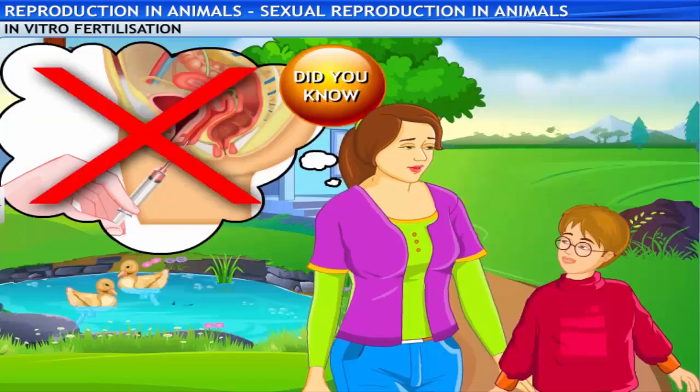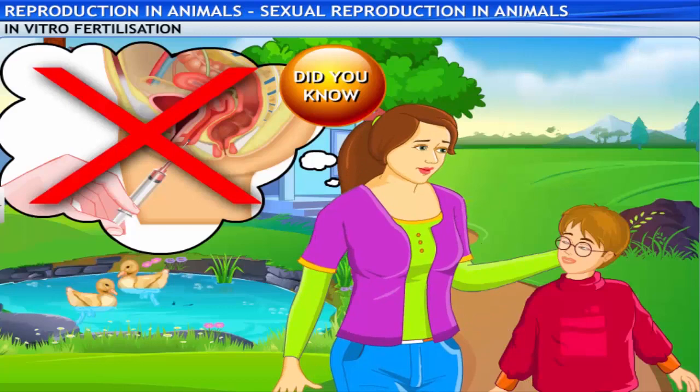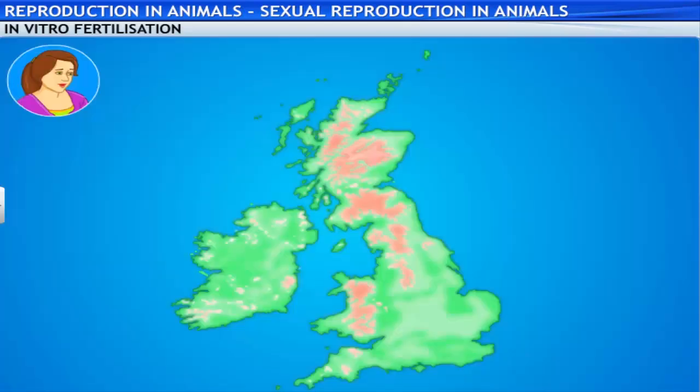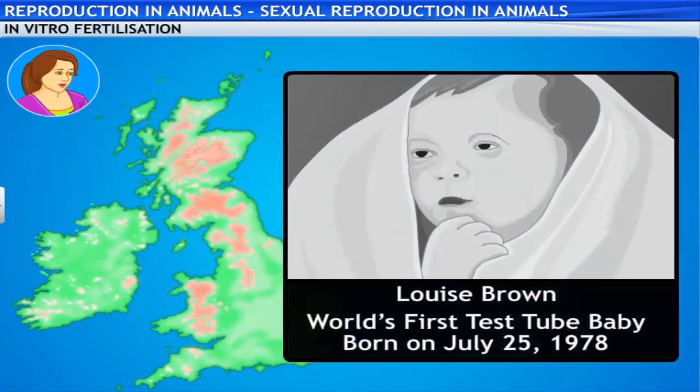Initially, IVF wasn't successful because a number of problems were encountered after placing the fertilized egg back into the woman's uterus. In vitro fertilization was successful for the first time on July 25th, 1978, when the first test tube baby, Louise Joy Brown, was born in Great Britain.